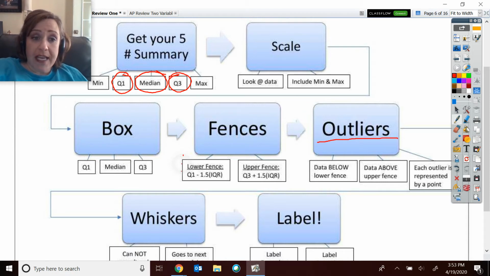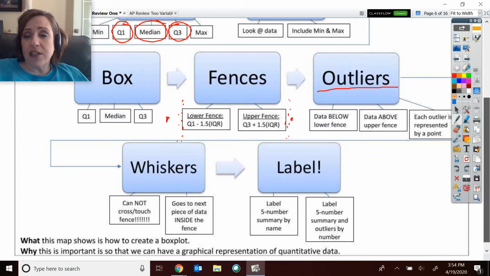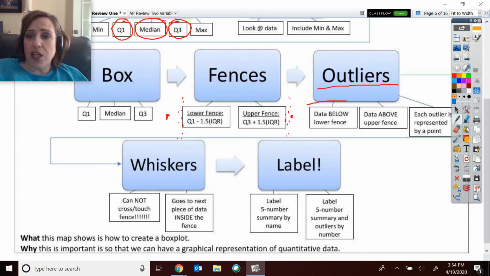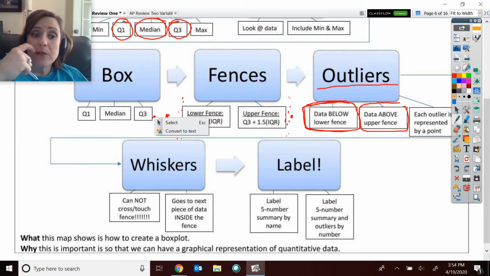Compute the fences and draw your dotted lines for them so that you can see any data below the lower fence or any data above the upper fence is an outlier. Okay, and so that's what I have here. Data above the upper fence or below the lower fence is an outlier, and you would put a dot for each one of those outliers.